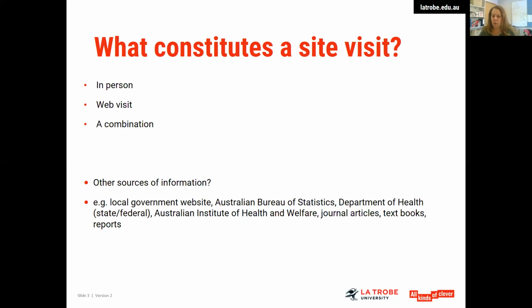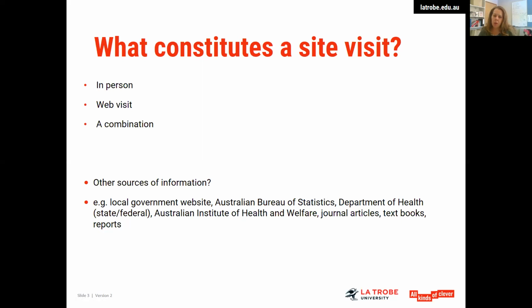Looking at local government or things like the Australian Bureau of Statistics for information around demographics of that particular LGA. You might want to look at the Department of Health, such as the state and federal departments. Organisations like the Australian Institute of Health and Welfare collect a lot of data around Australia's health. So you might want to tap into some of that information.